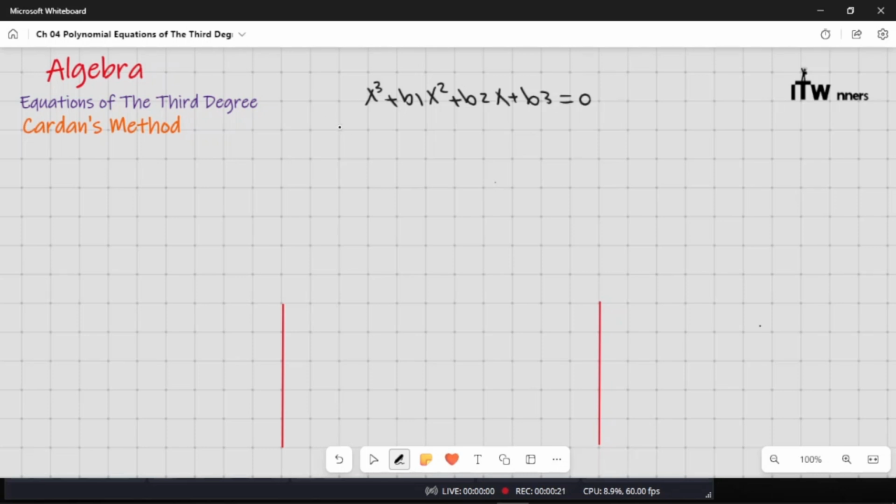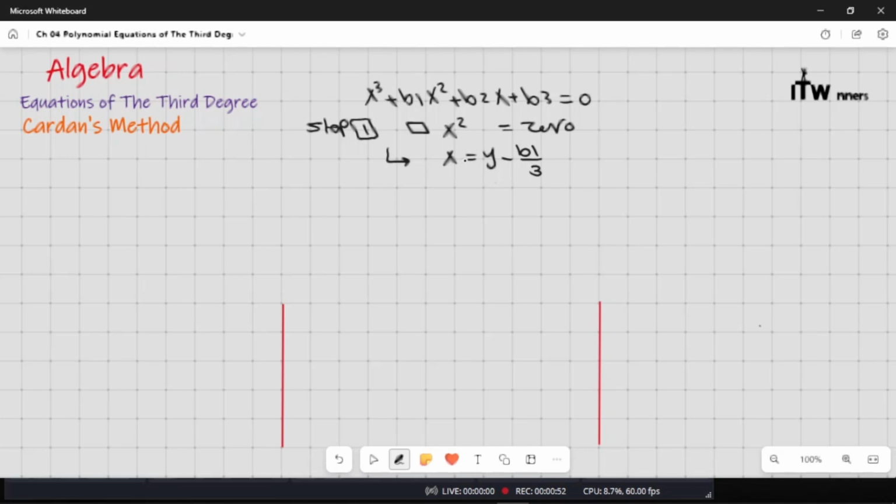Step 1 of Cardan's method is to make the coefficient of x squared equal to 0. What will we do about that? We just replace x by y minus p1 by 3.